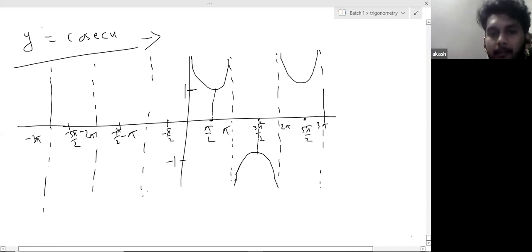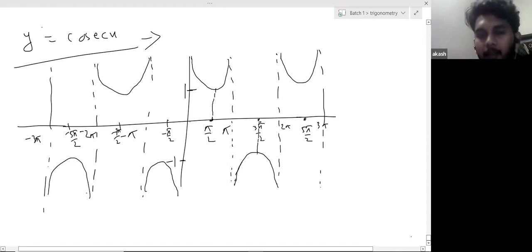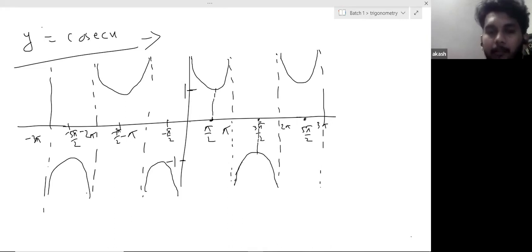Same for this side. Alright, because cosec is inverse of sine. Sine pi is 0, 1 upon 0 is infinite. Same with 0. At pi by 2, sine is 1. So this graph.